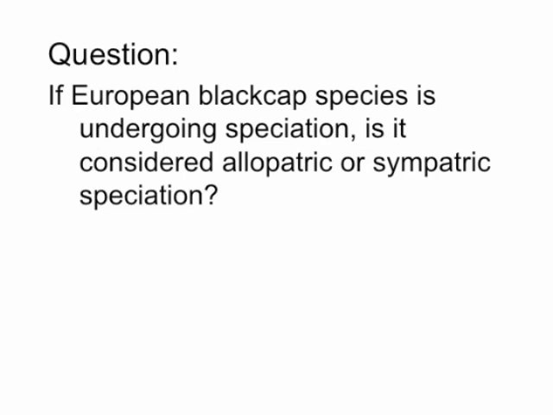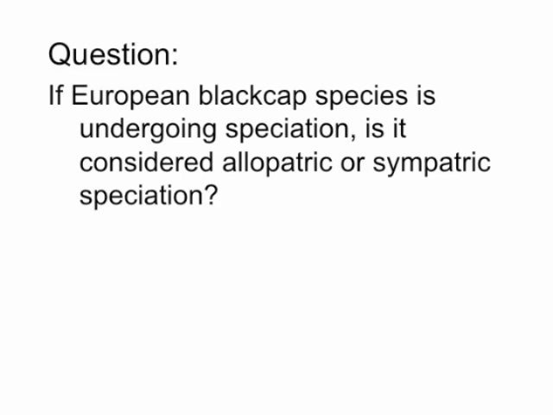So if these European blackcap species is actually undergoing a speciation event, would we consider this to be allopatric or sympatric? So you may think allopatric since they are flying to two different wintering grounds, one in Britain and one in Africa and Spain.